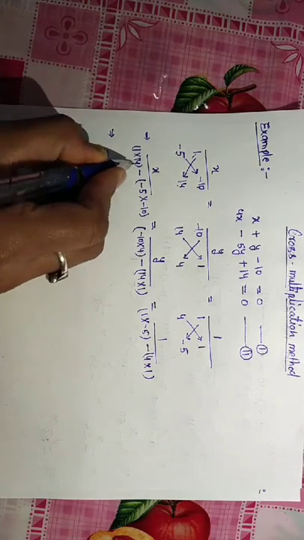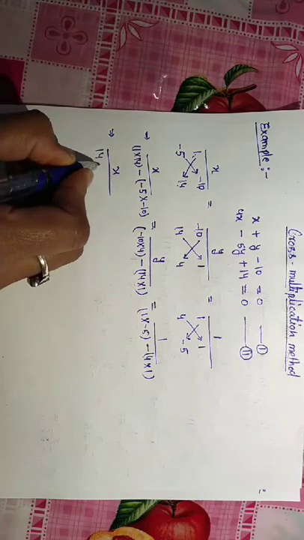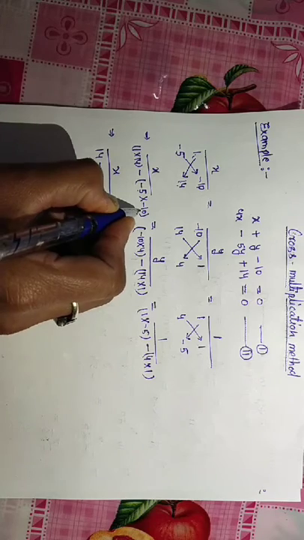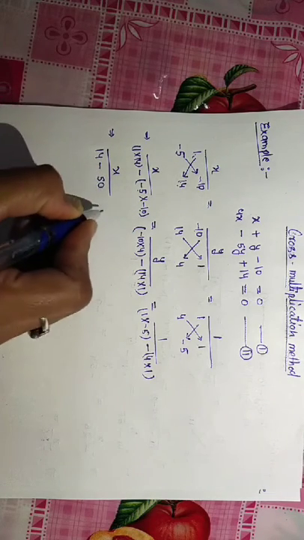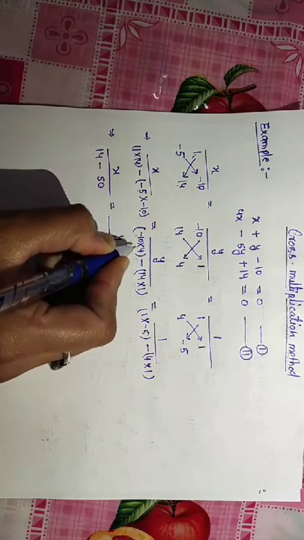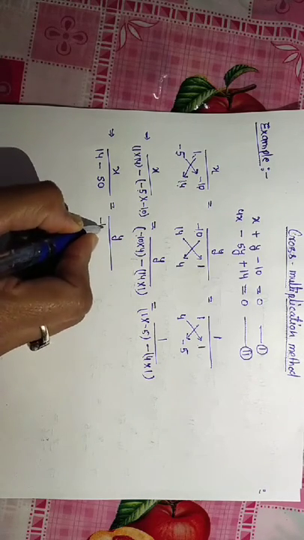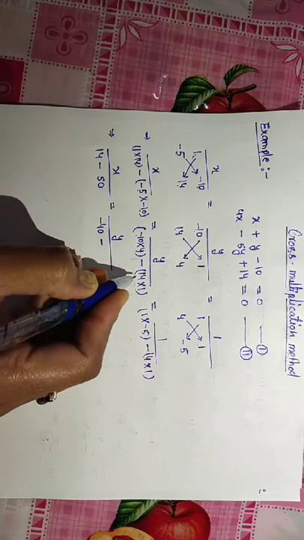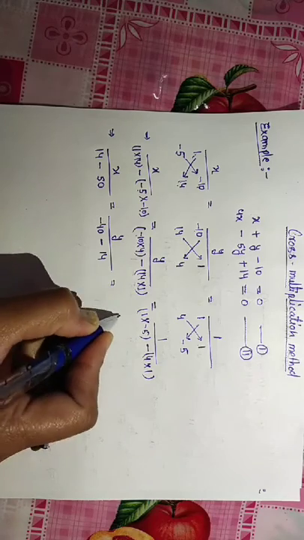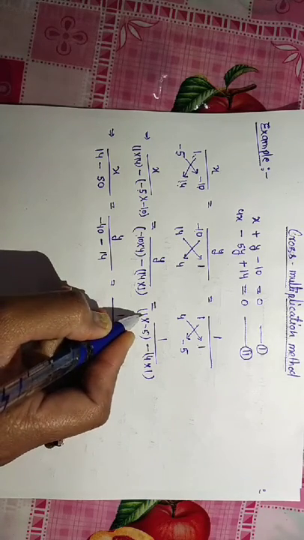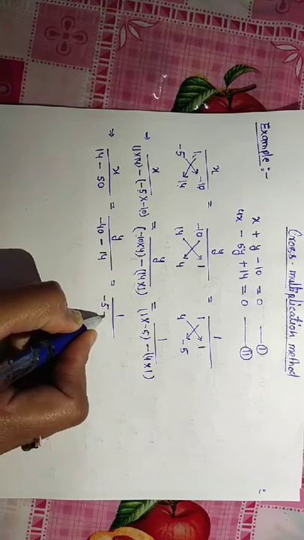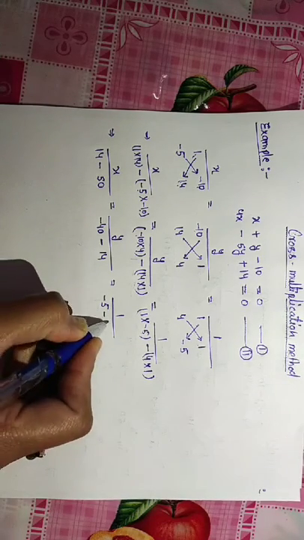x upon 14 minus minus 5 multiply minus 10, we get 50. y upon minus 10 multiply 4 is minus 40, minus 14 multiply 1 is 14, equal to 1 upon 1 multiply minus 5 is minus 5, minus 4 multiply 1 is 4.